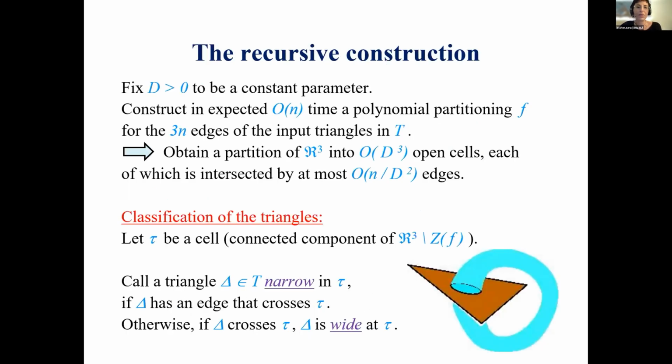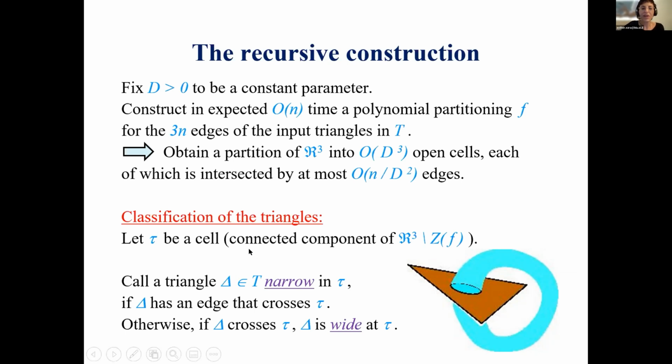All right, so this is one thing. Another slightly technical ingredient is the recursive construction. Like I said, we construct in expected linear time a polynomial partition f for the 3n edges of the input triangles in T. Therefore, we obtain a partition of the three-dimensional space into O(D^3) open cells, each of which meets at most n over D^2 edges.